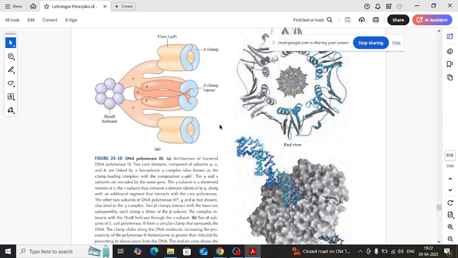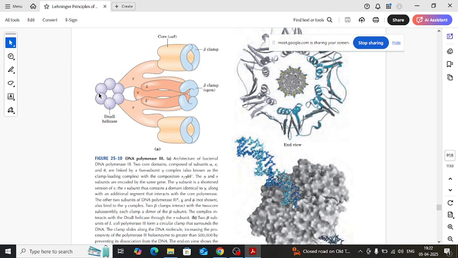And this is DNA polymerase 3, which is the replication enzyme in bacteria, the prokaryote. This is the core, with subunits alpha, epsilon and theta, which have the role in binding the template and in the polymerization activity. It is associated with the DnaB helicase.